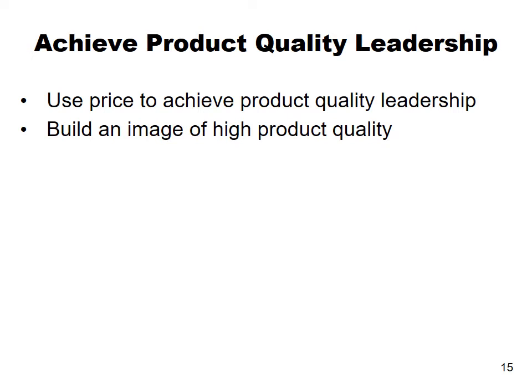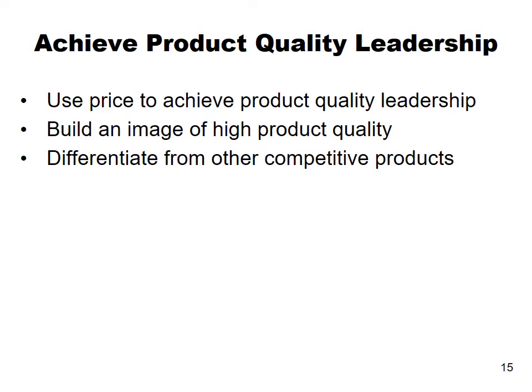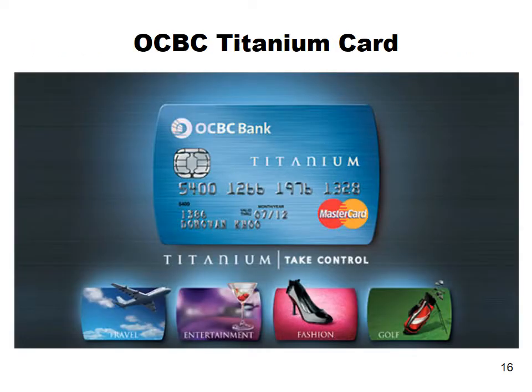People always associate the iPhone with a premium product and a high price, and you differentiate from other competitive products. One example is the OCBC Titanium card. These are the areas of benefits they focus on: travel, entertainment, fashion, and golf.